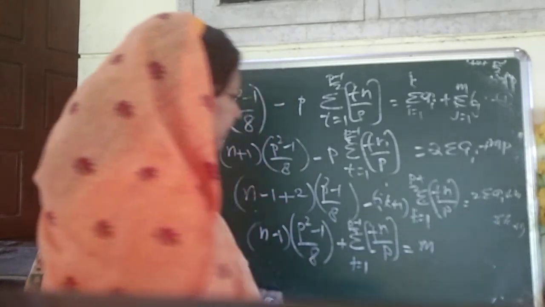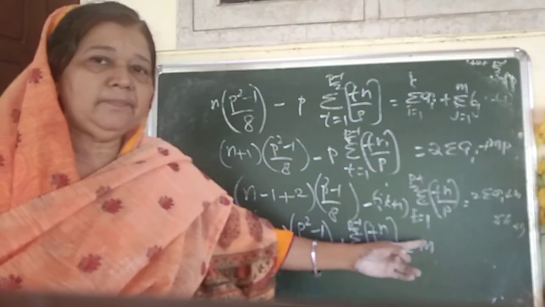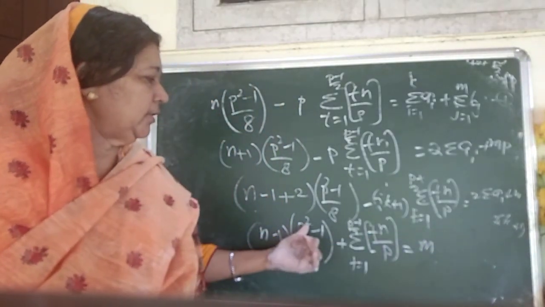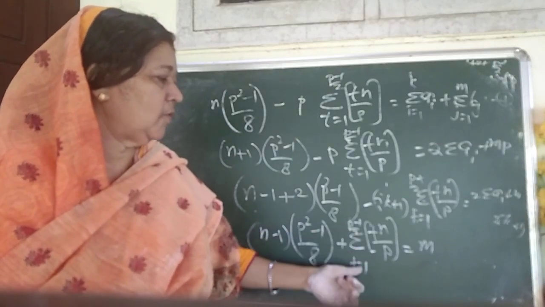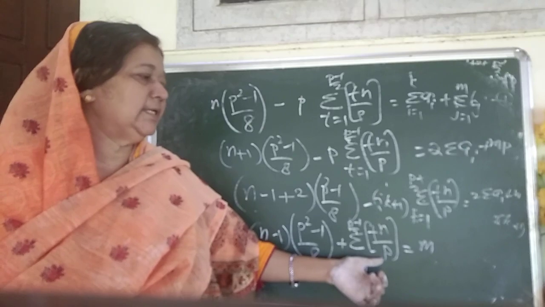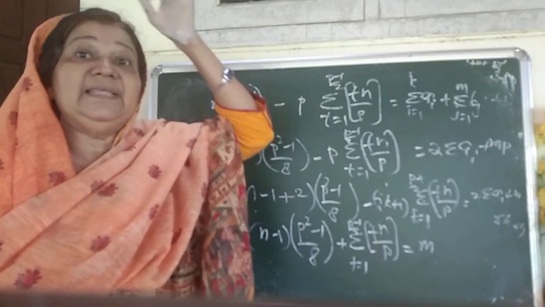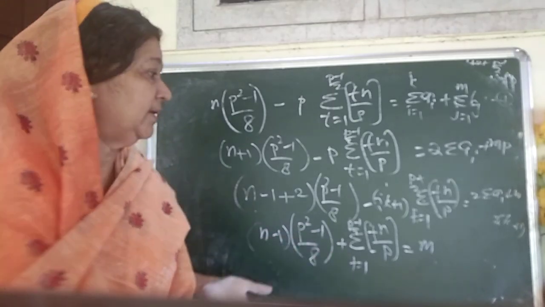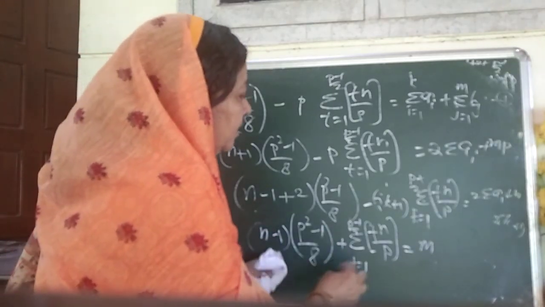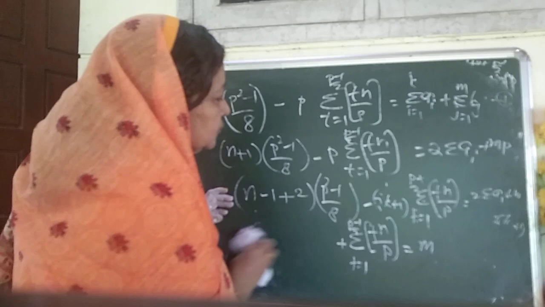Therefore, m equal to (n minus 1) into (p square minus 1)/8 plus sigma t equal to 1 to (p minus 1)/2 of [tn/p]. But we are given that n is odd. Therefore, n minus 1 is also even. Therefore, all are mod 2.